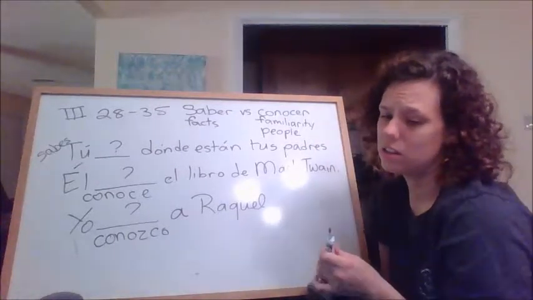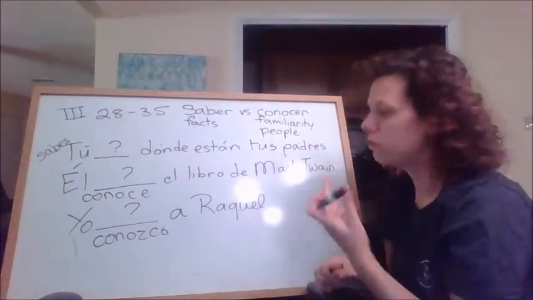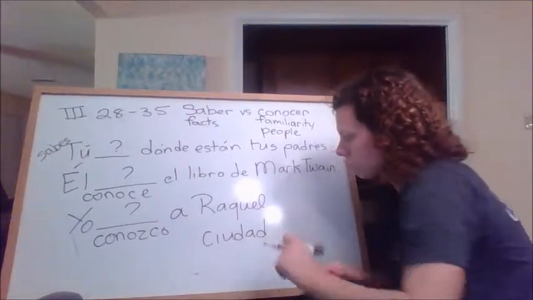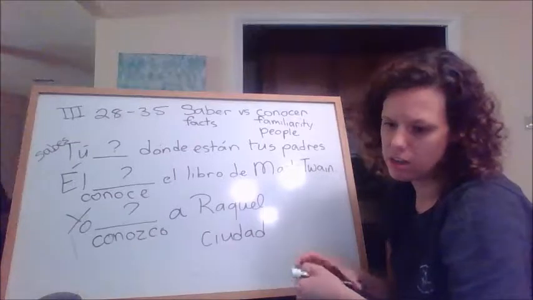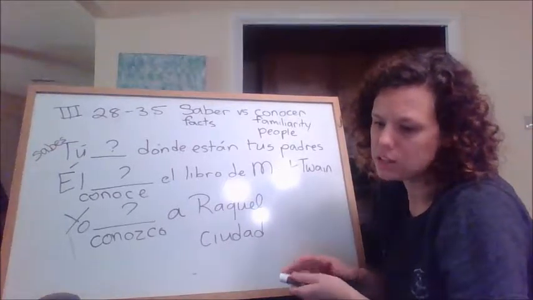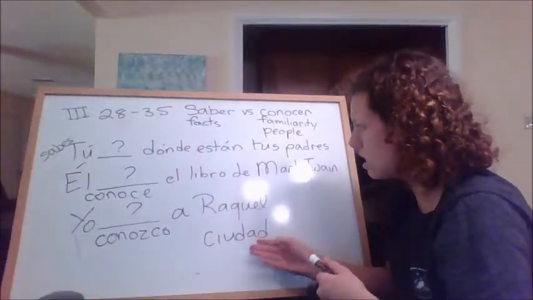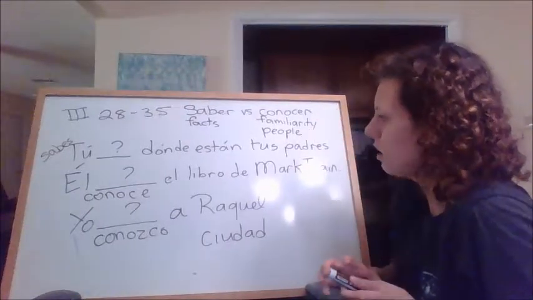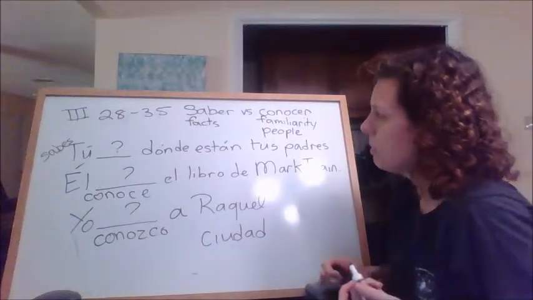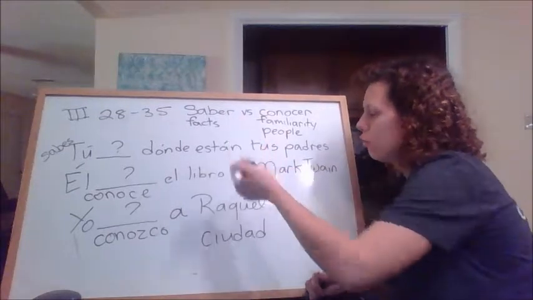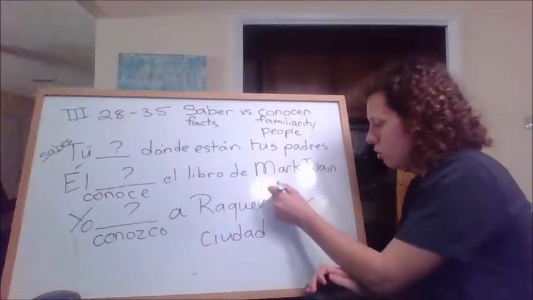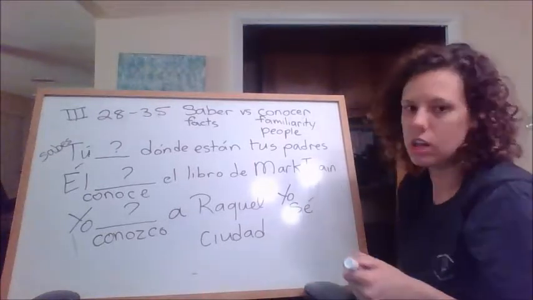Remember, if it's a city, the word for city is ciudad. So if you had something like that, it would be a familiarity with a place. So that's conocer. Remember that saber, the yo form, is also irregular, and it's yo sé, not yo sabo.